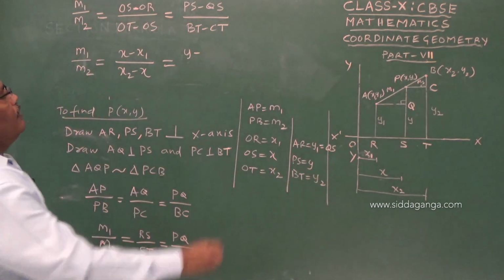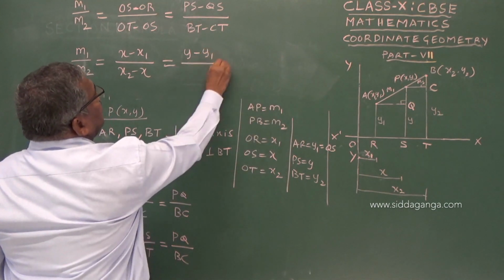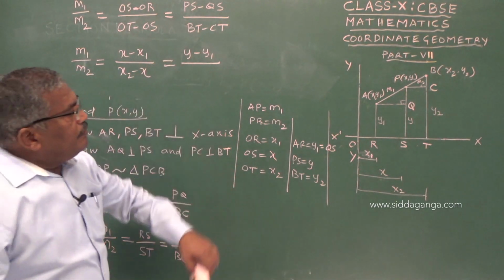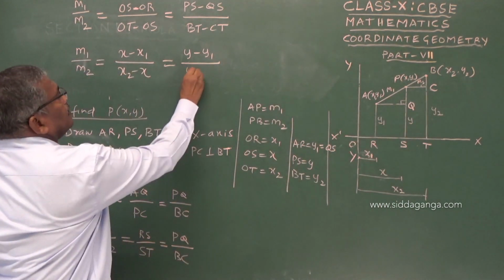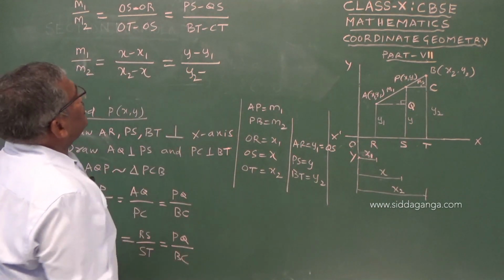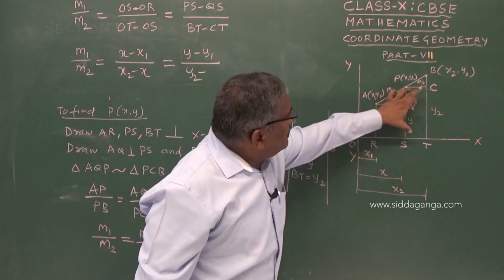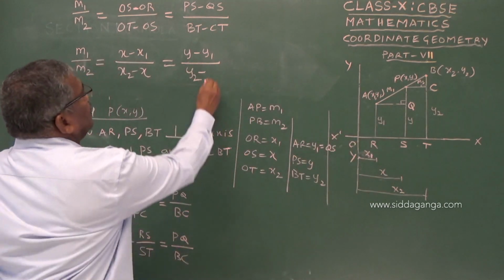So now that is Y1 divided by BT. BT is Y2 minus CT. CT is this distance, which is the same as this. That is Y. So therefore Y.